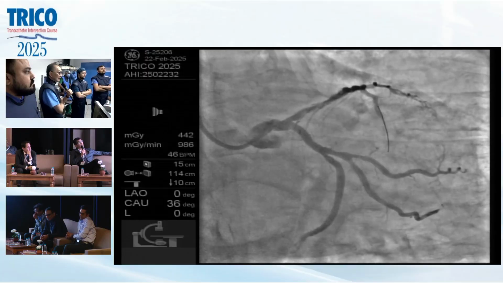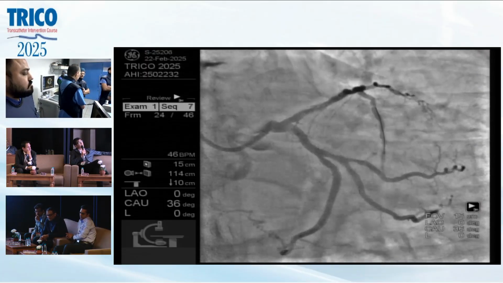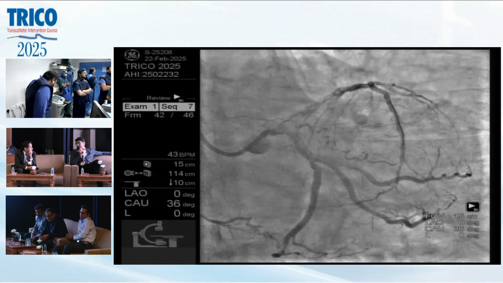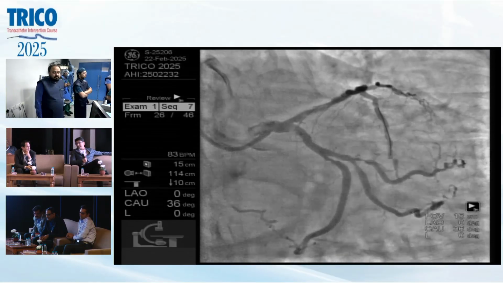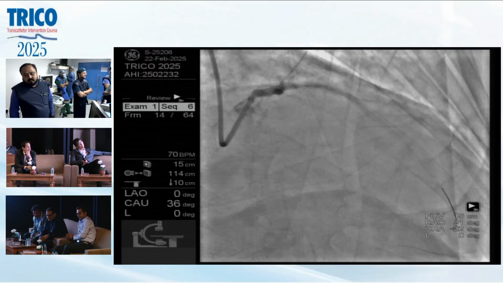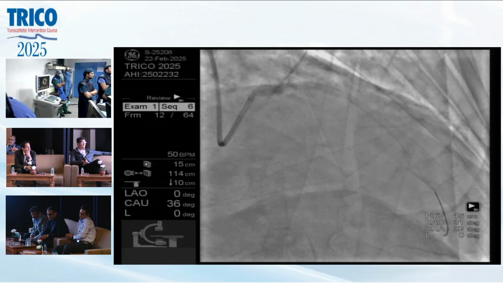But of course, once it is in the hands of the operators, it does get used a little bit more. But this is a bare metal stent failure, so DES would be the first choice, right, Rajiv? Yeah, I think either way, DES or DCB, is good in this case.